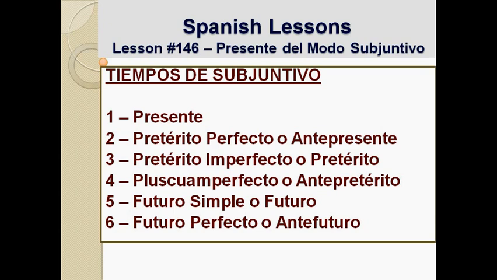For example, futuro simple or simple future, right? Both the modo indicativo and the modo subjuntivo have a simple future. So when we talk of it, we say either futuro simple del modo subjuntivo or futuro simple del modo indicativo, right? And that way there is no confusion.